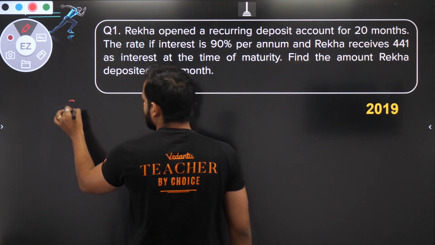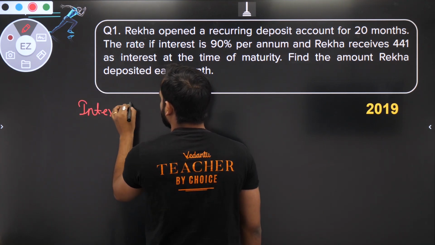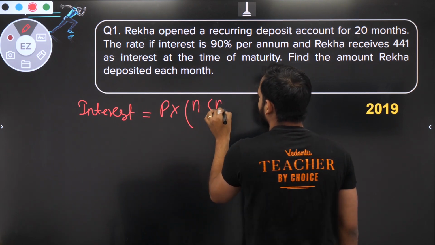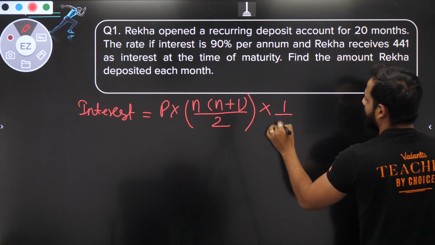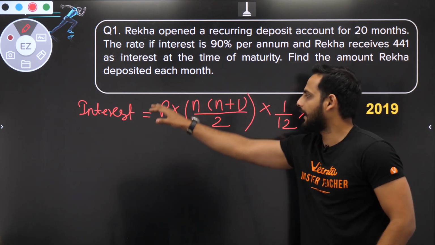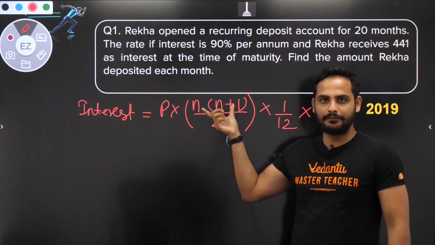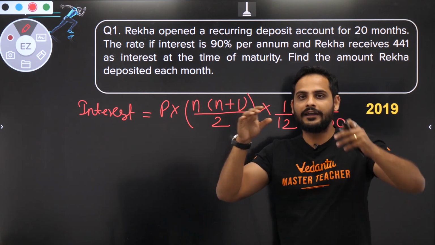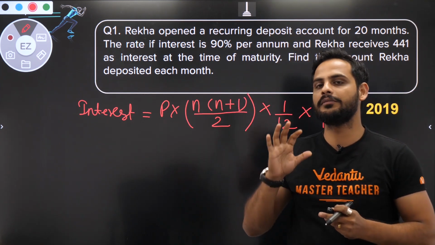For this kind of question, bachon, we know that the interest which we get will be equal to P into n into (n plus 1) divided by 2 into 1 by 12 into R by 100. This whole part is telling you that this principal is for this much time. For the first month 100 rupees, for the second month 200 rupees. Suppose this recurring deposit scheme is for 12 months.